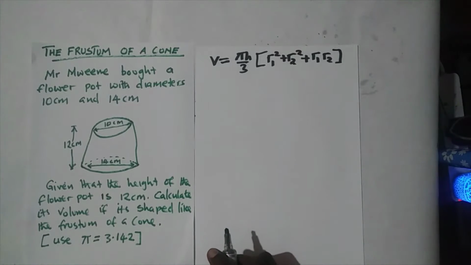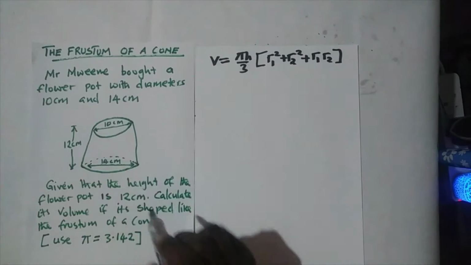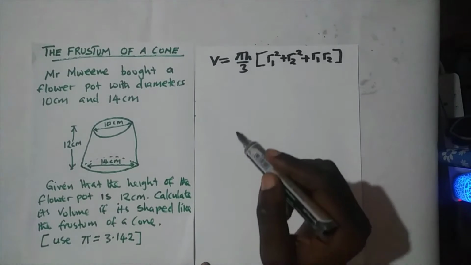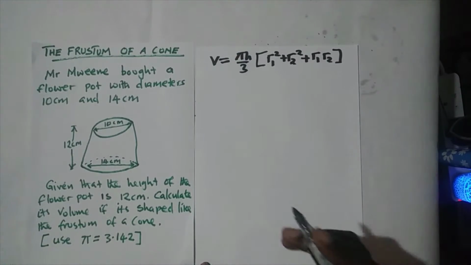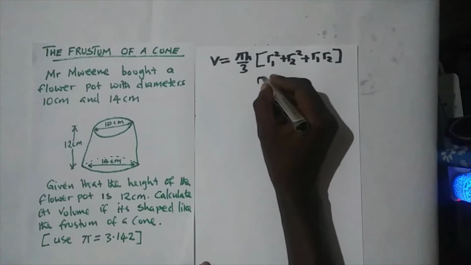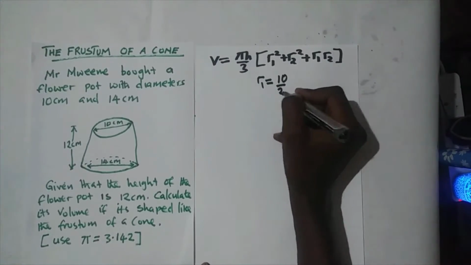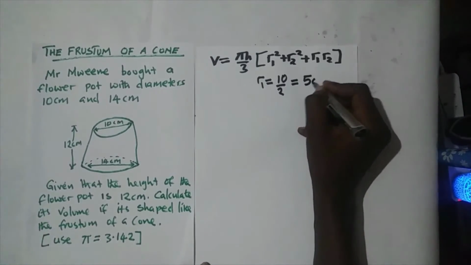Now here we are given diameters, so we have to change these diameters to the radius, or radii. The way you do it is a radius is half of a diameter. So r1, for example, will be equal to 10 over 2. You just divide the diameter by 2 and then you get 5 centimeters.